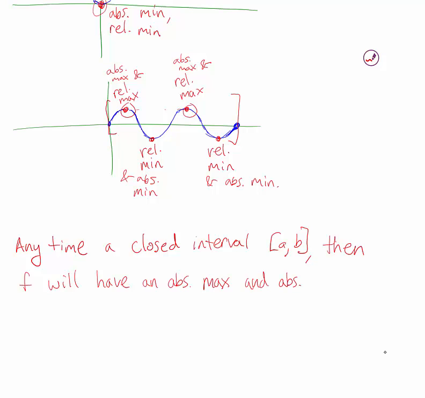That's pretty obvious, but it is a theorem, so I'm sharing it with you guys. Now, it doesn't necessarily have to have a relative maximum and a relative minimum, but it could.